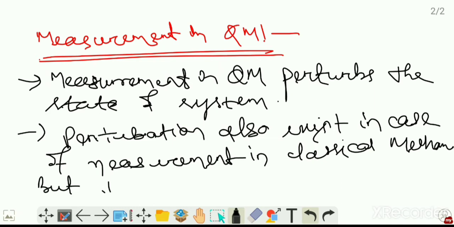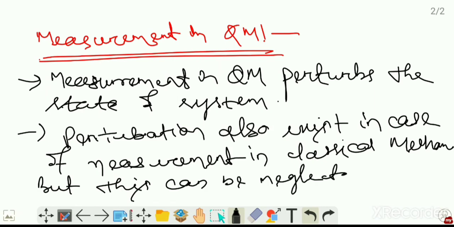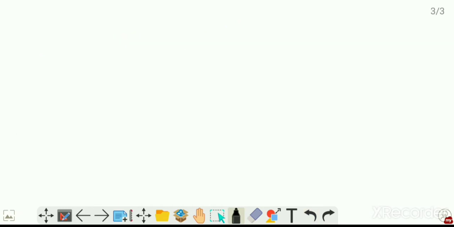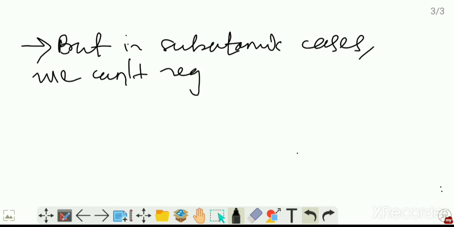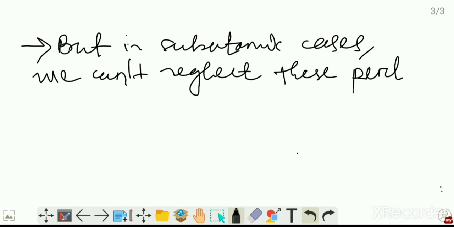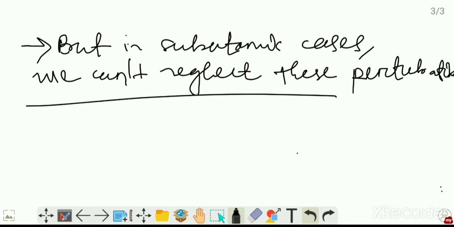But in quantum mechanics, in subatomic cases, we can't neglect these perturbations. So measurement in quantum mechanics changes the state of the system. That is, when we measure, the state of the system will be changed.